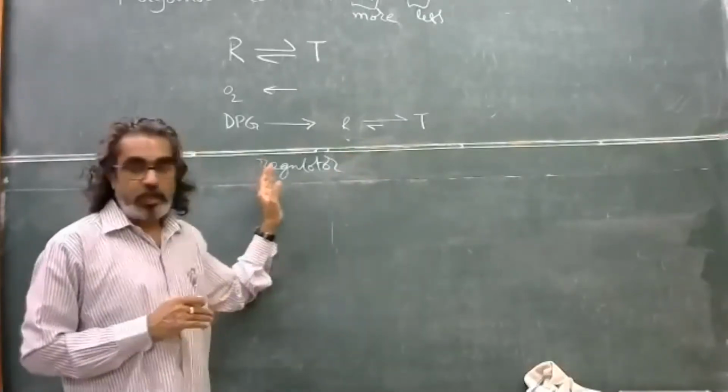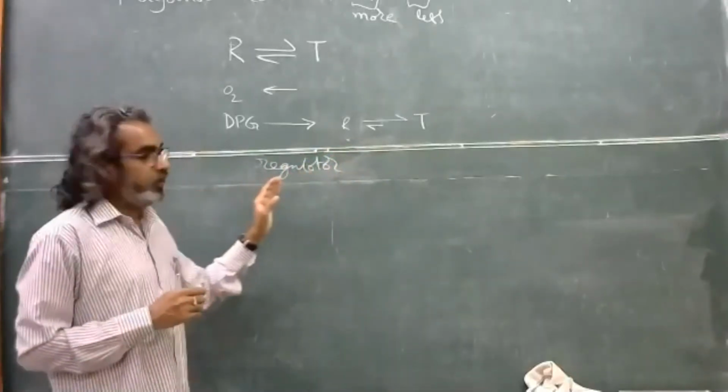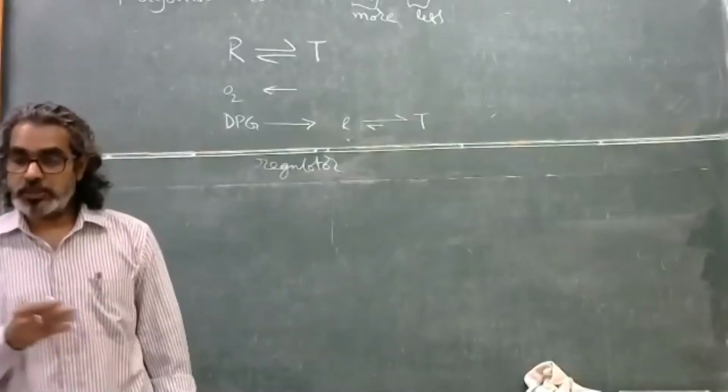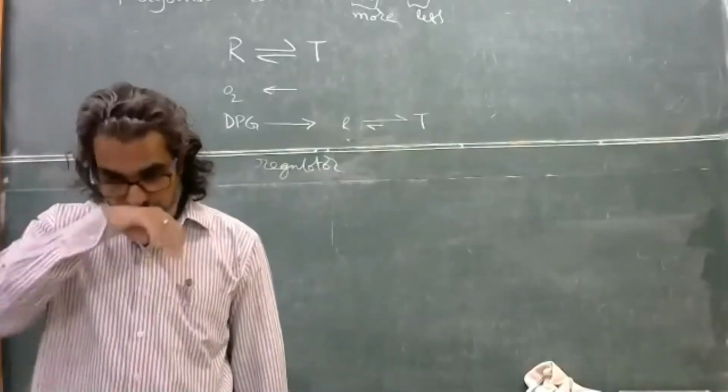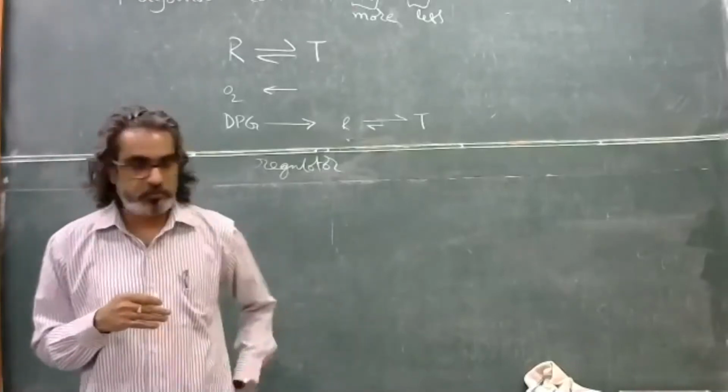The same thing happens with pH. At low pH, some of the side chains are protonated, because more protons, or more acid, are available.